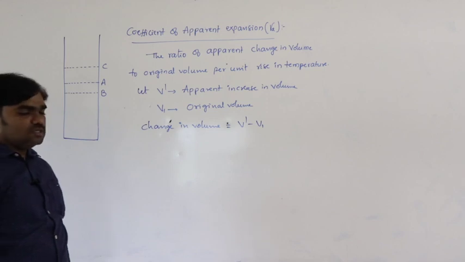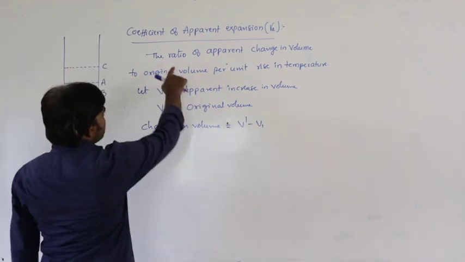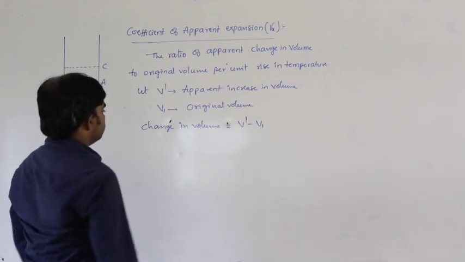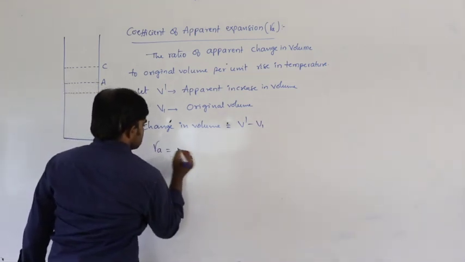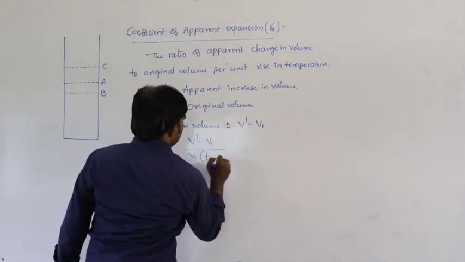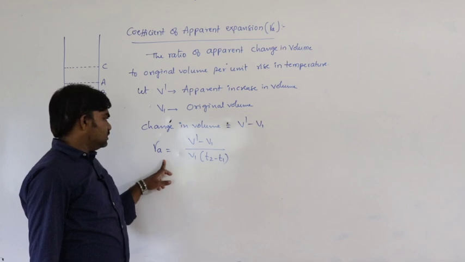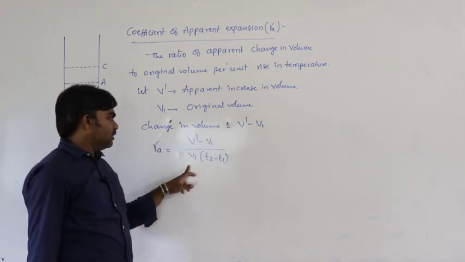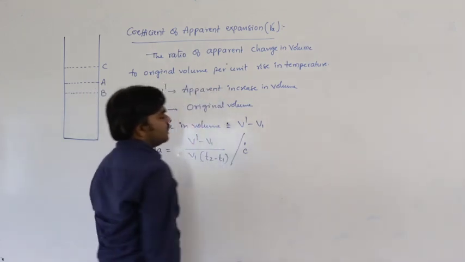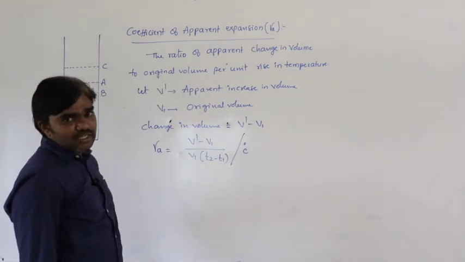So what is the definition? It is the ratio of apparent change in volume to original volume per unit rise in temperature. So that is the formula: gamma A is equal to V dash minus V1 divided by V1 into T2 minus T1. The unit is per degree Celsius or per degree Fahrenheit, like that. So this is the coefficient of apparent expansion.